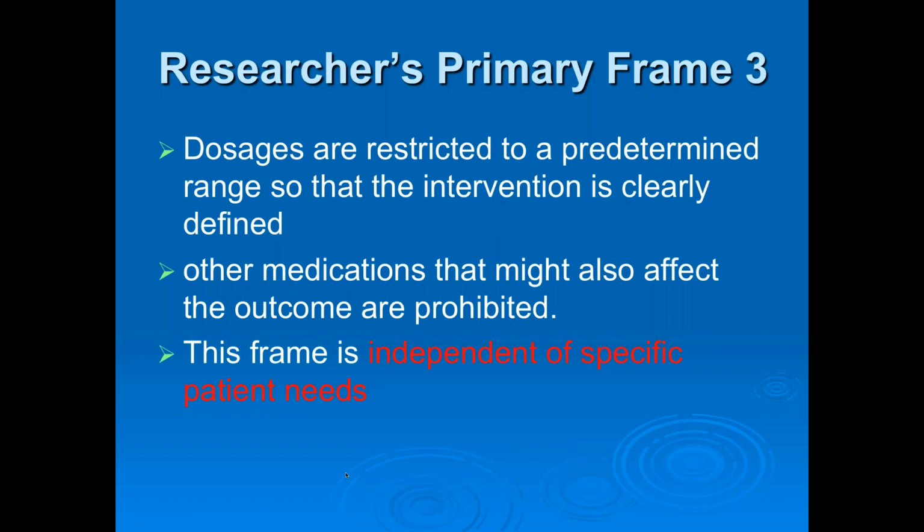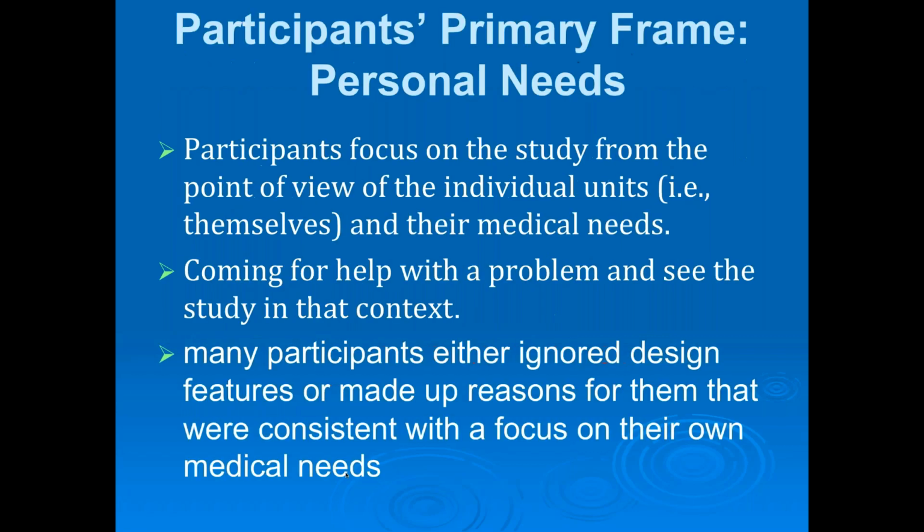But it may also interfere, so at any rate, we don't want to contaminate the result with other medications. And as I have highlighted in big red letters, this is independent of the specific patient's needs.